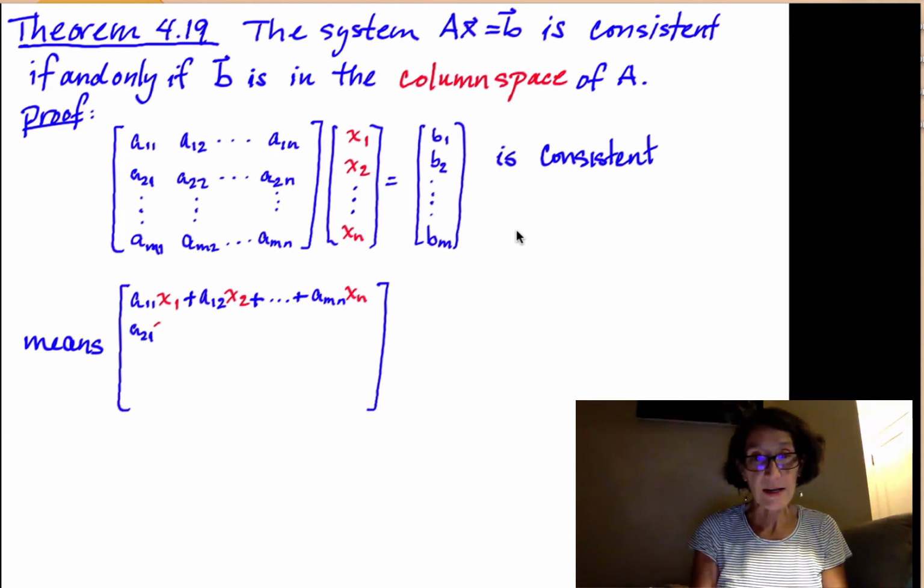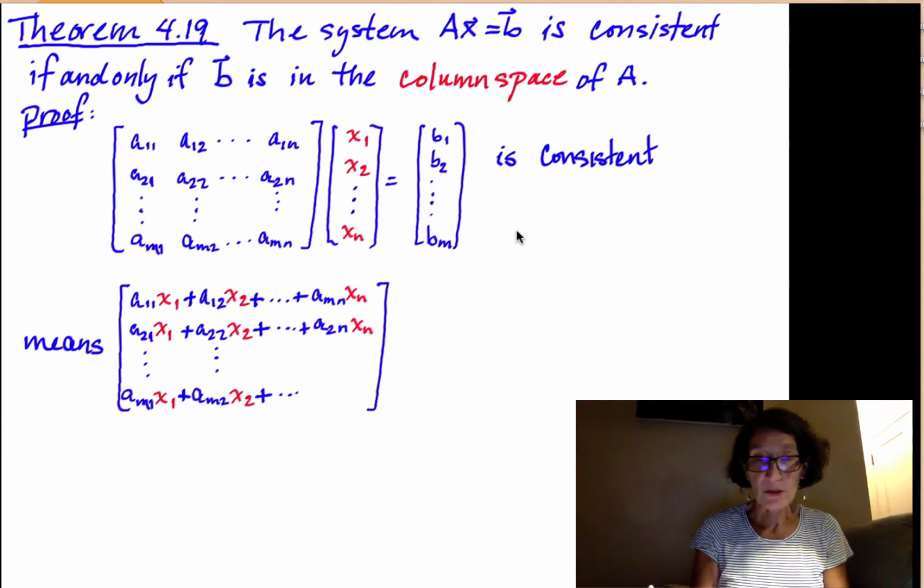The second one is a21 times x1 plus a22 times x2 plus dot dot dot plus a2n times xn. Those are the first two components, and we keep doing that multiplication. It's just matrix multiplication. The last component is the sum am1 times x1 plus am2 times x2 dot dot dot amn times xn.